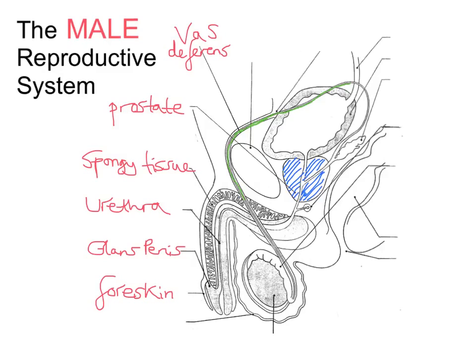Now let's look at the job of that vas deferens. Now that stores sperm up to several months and then it propels them by peristalsis towards the urethra during ejaculation. Now peristalsis is a wave-like contraction. Normally you hear about peristalsis when you think about the gut and moving food along the gut and digestion. It's that same kind of wave action, propelling the sperm towards the urethra during ejaculation.